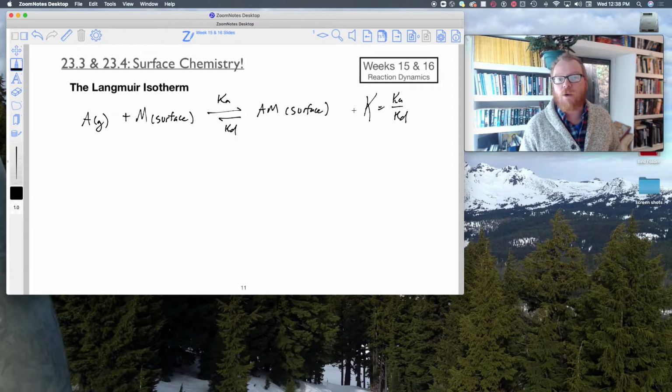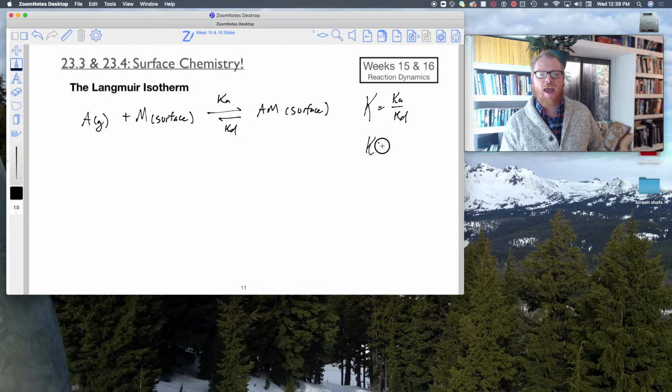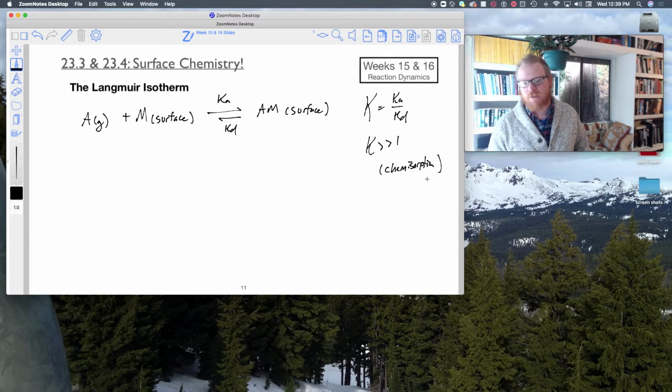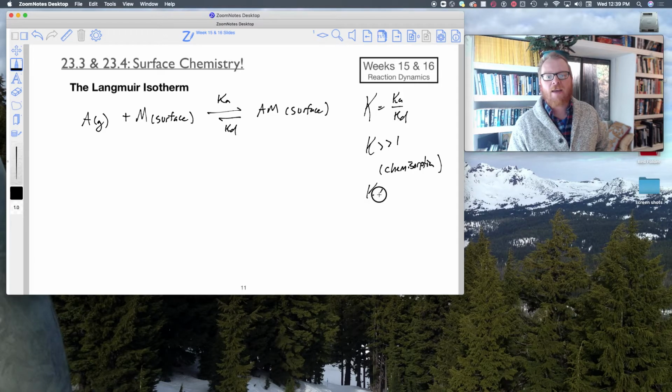So if the equilibrium constant K is much, much greater than 1, typically that's chemisorption. Doesn't have to be the case, but that's very typical. And if K is much, much less than 1, that's typically physisorption, assuming I can spell this word.